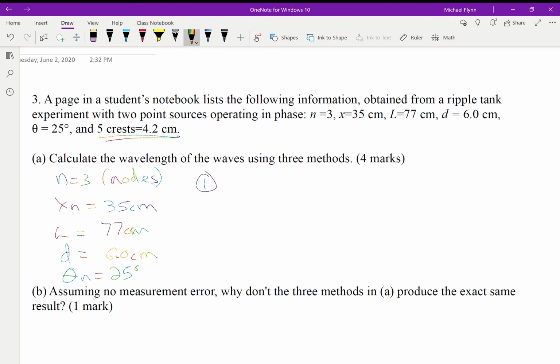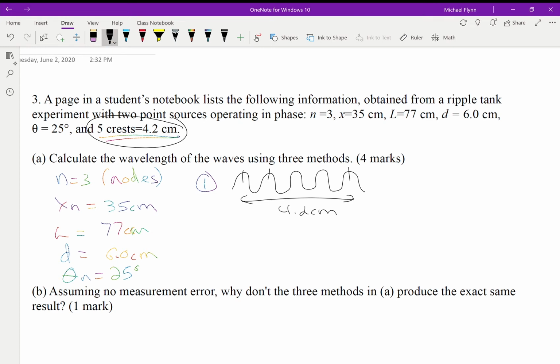Well, first, because they tell me somebody measured the waves directly, I'm going to use this number. So if I have 1, 2, 3, 4, 5 crests, and across those 5 crests is 4.2 centimeters, what I can do is measure the wavelength by asking how many wavelengths that is.